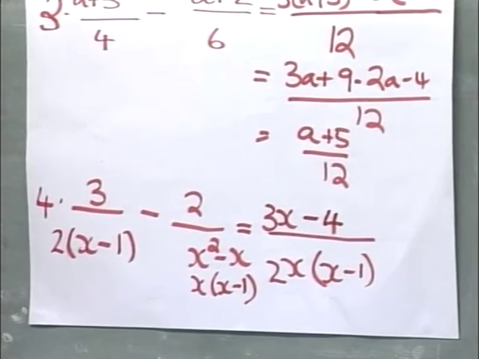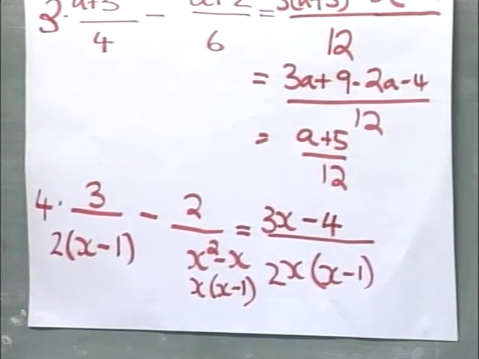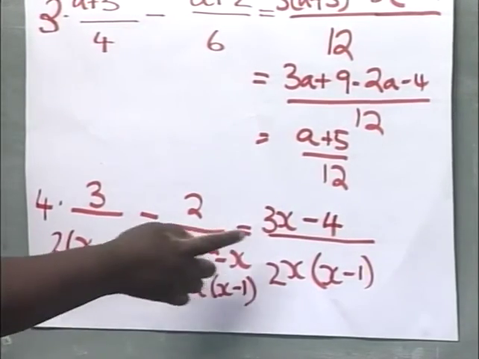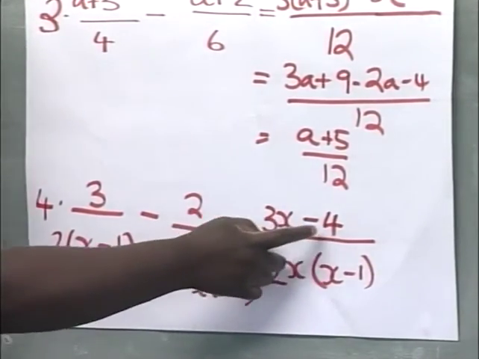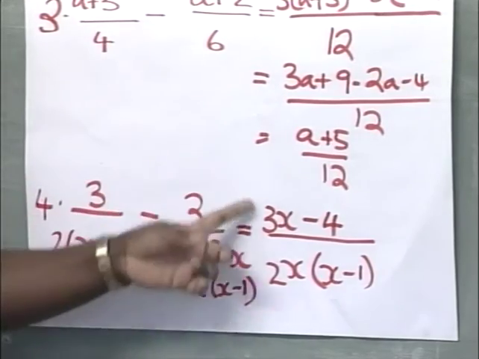Can I cancel anything here with anything here? No. If there was any common factor between 3x and 4, then I would factorize and then I can cancel later on.